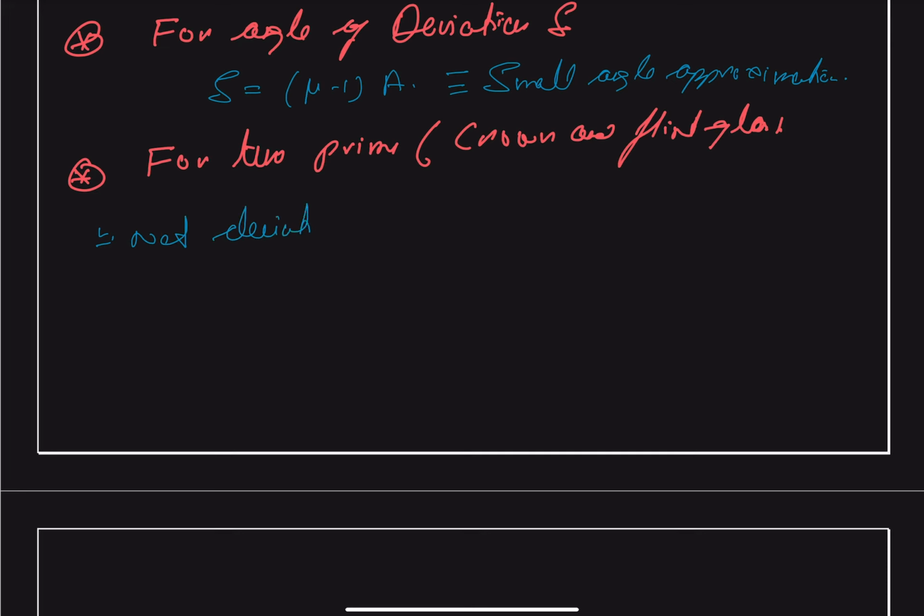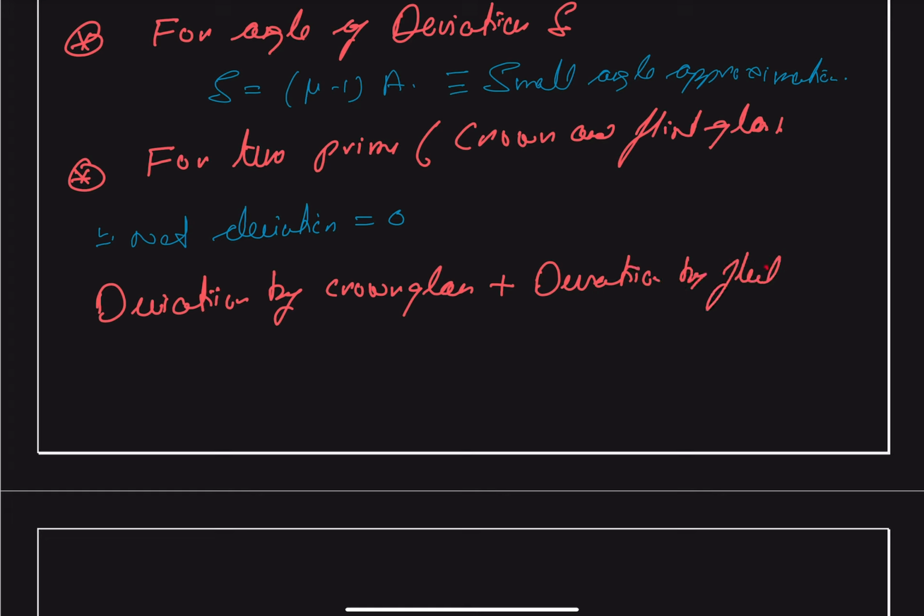It means the deviation by the crown glass plus the deviation by the flint glass should be equal to 0.